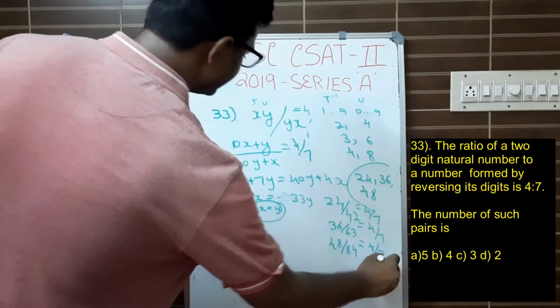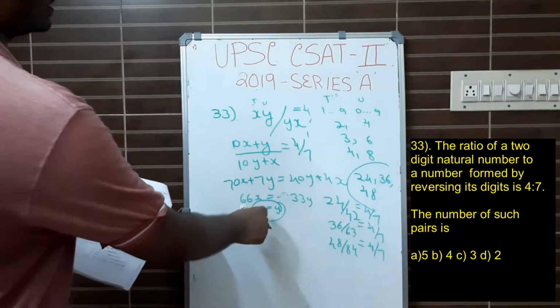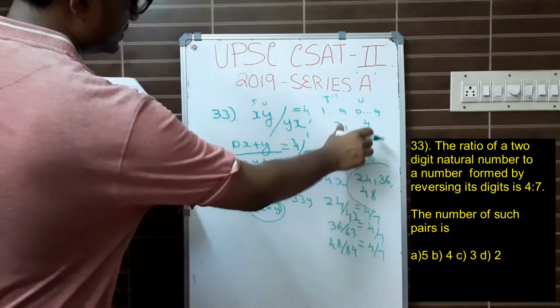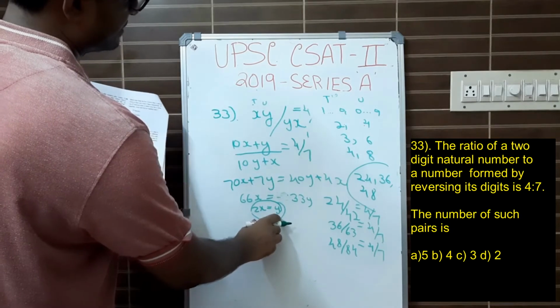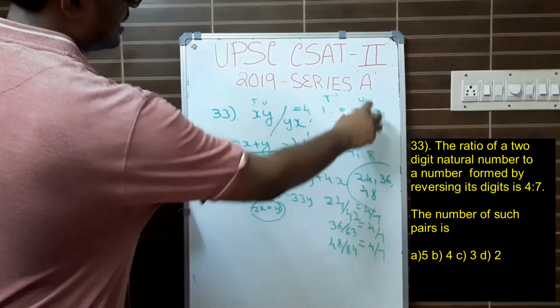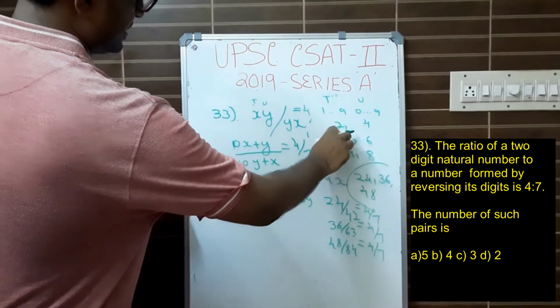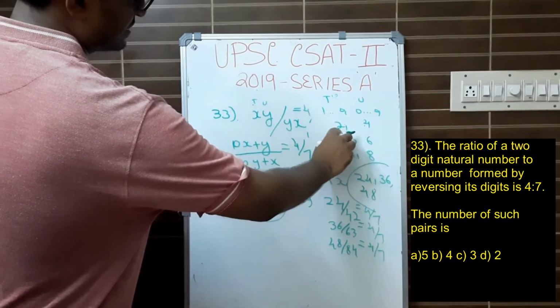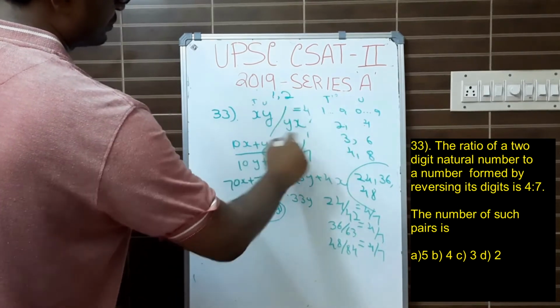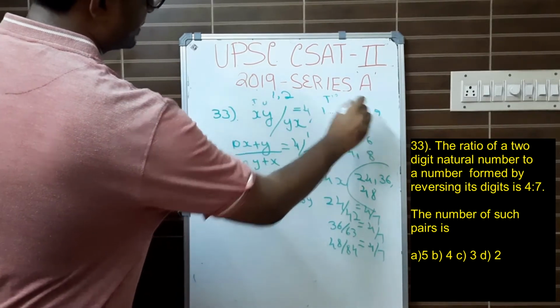What we have done is, we have found this equation and we have tried to get numbers which satisfy it. Tens place has numbers from 1 to 9 and units place from 0 to 9, and this number has to be 2 times the other. So we start like 1, 2, sorry, I left out 1, 2 here.